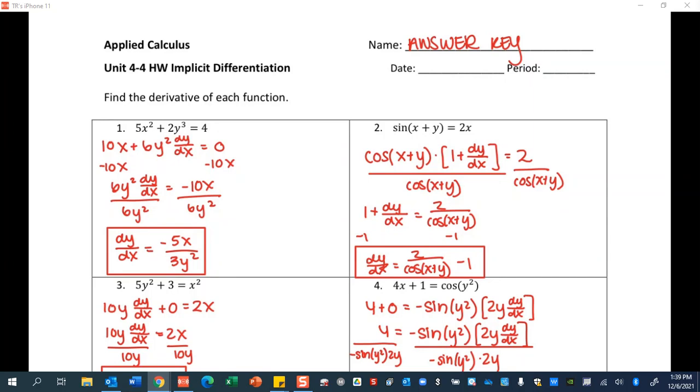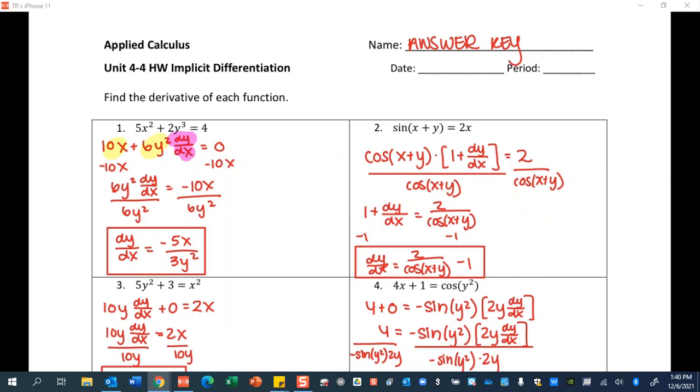So if I'm interacting with this key, my first thing is I'm going to understand, okay, do I get where this comes from? Yes. Do I know why this is there? And for me, that's going to be the most important part. The algebra that comes next about subtracting 10x from each side, dividing by 6y, you know, that algebra is secondary to understanding about taking each of those derivatives.